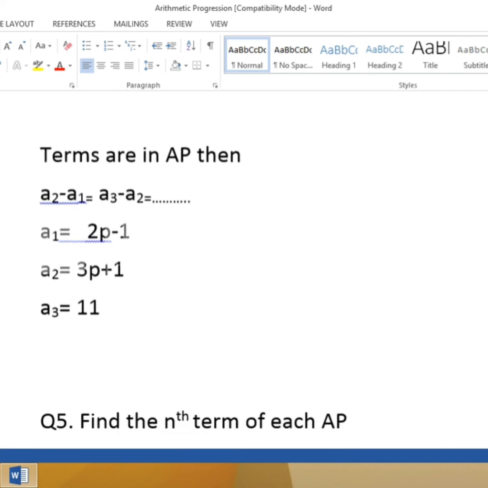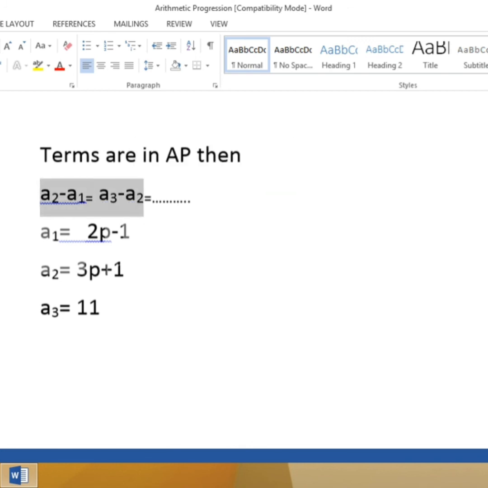So by substituting in the formula a2 minus a1 equal to a3 minus a2, we can find the value of p. So a2 is 3p plus 1 minus 2p, because we write the value of a1, minus 2p, minus into minus plus the 1, equal to a3 value 11 minus 3p minus 1. Plus will become minus over here.